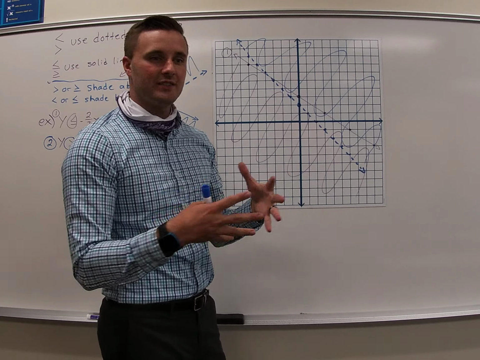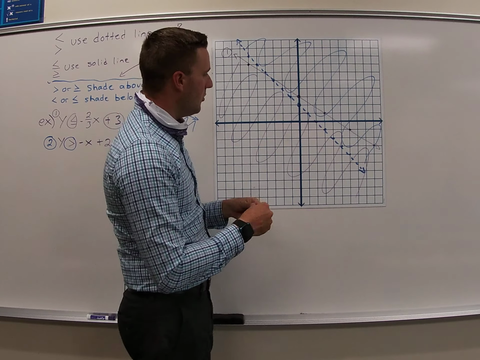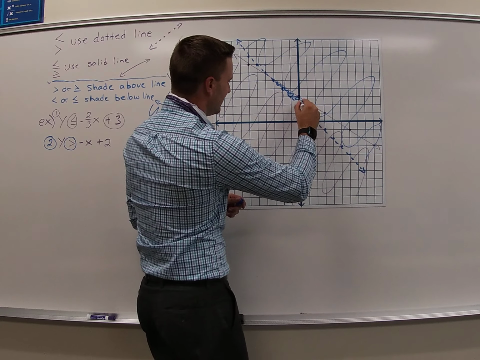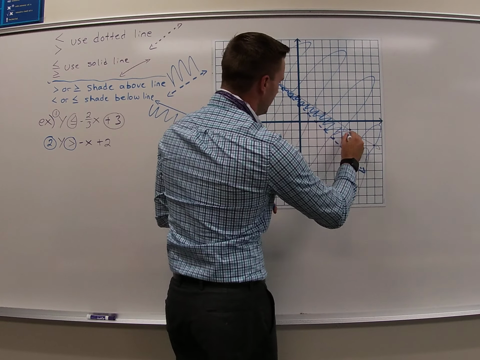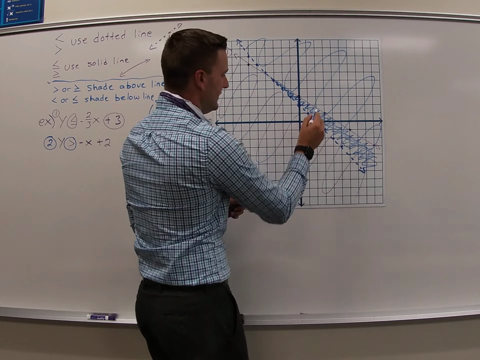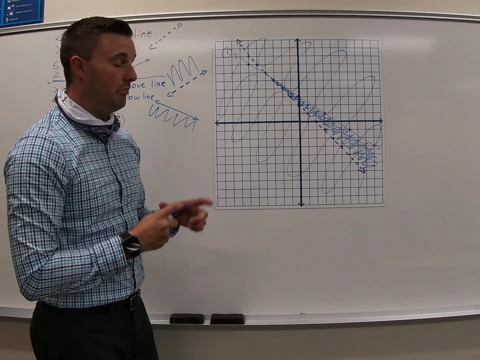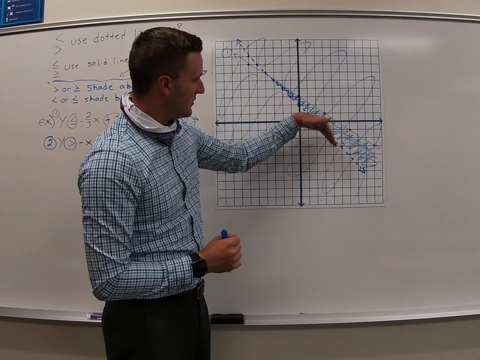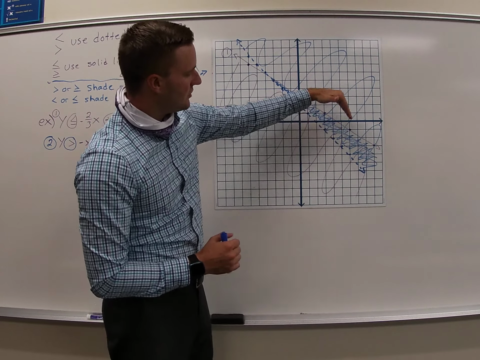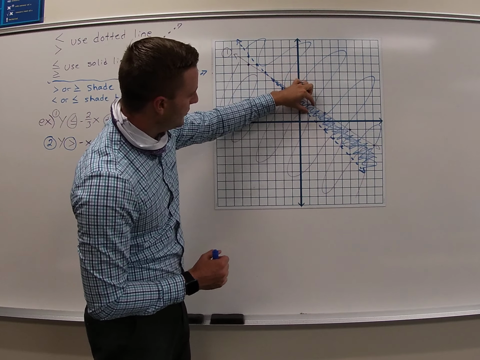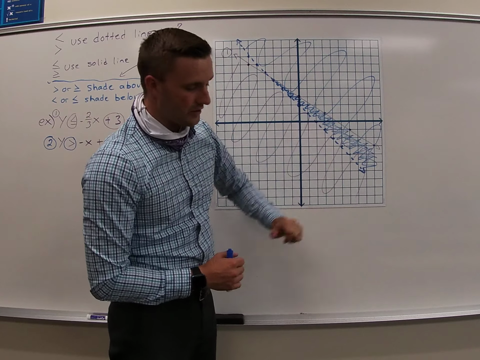We want to see, where does the shading overlap? It only overlaps here in this little triangle segment right here, where blue and purple overlap. So that means all of this area right here is a solution to both inequalities. We have purple being shaded because it's below this purple line. We have blue being shaded above that blue line. So all of this underneath purple and above blue is going to show us where our solutions are.